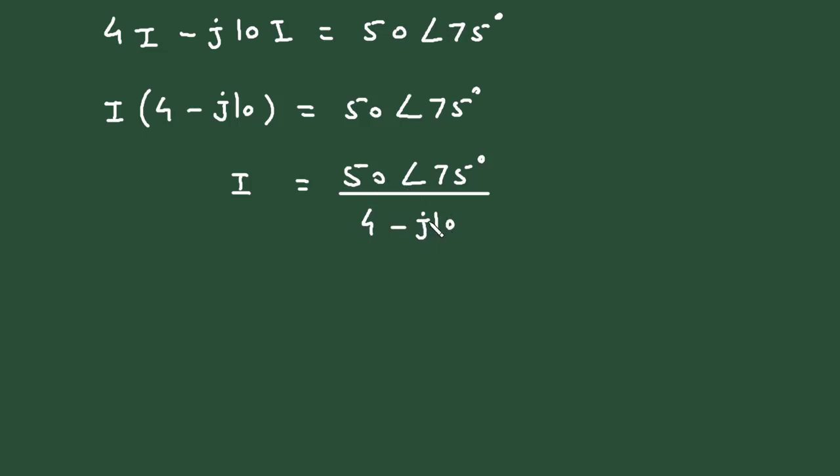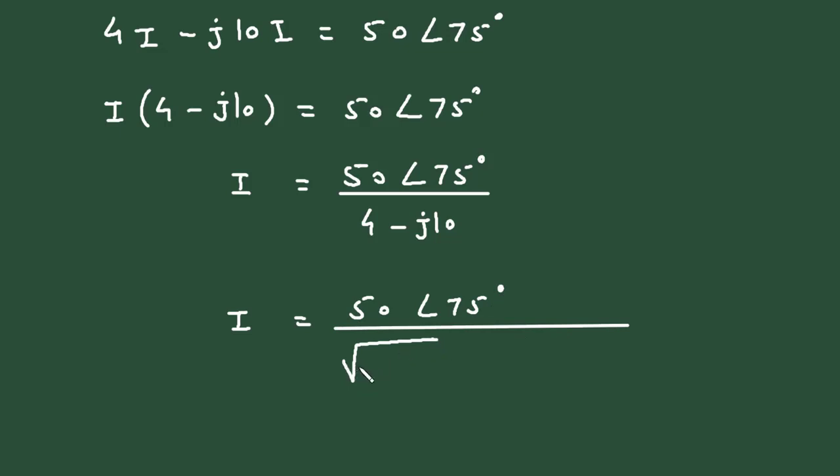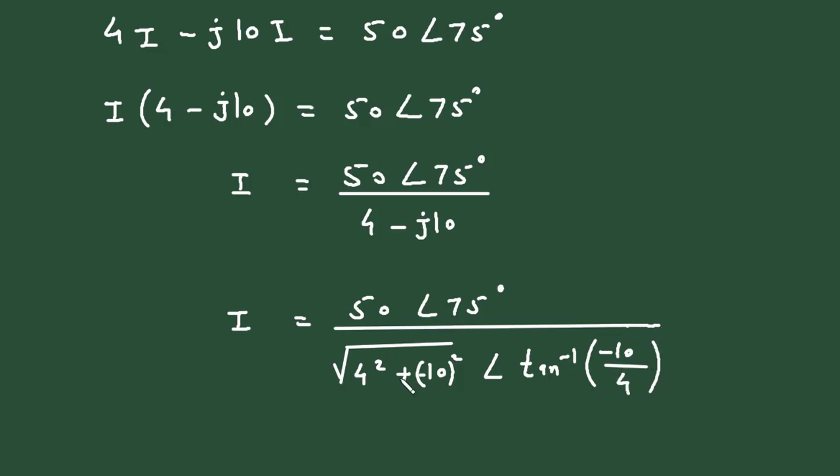So let's convert the denominator into its equivalent polar form. So this will be I is equal to 50 at an angle 75 degrees divided by the square root of x squared, that is 4 squared plus minus 10 squared, at an angle tan inverse of y by x, so minus 10 divided by 4.